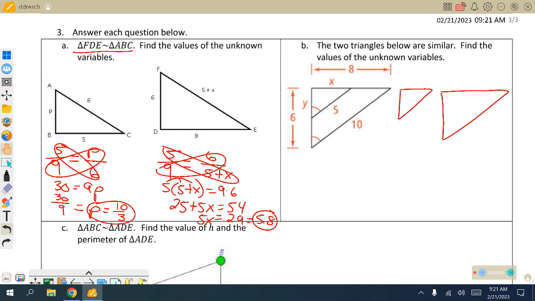So on that top triangle, I've got an x and a y, and I've got a 5, don't I? Now on that bigger triangle, what lengths do we have? I've got an 8, I've got a 6, and I've got a 10.